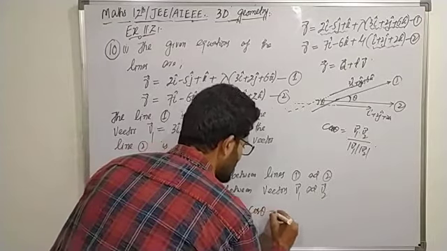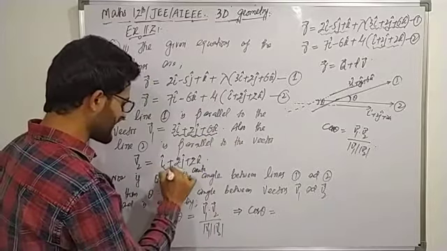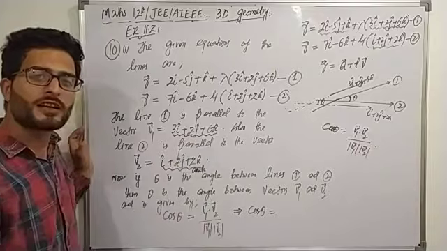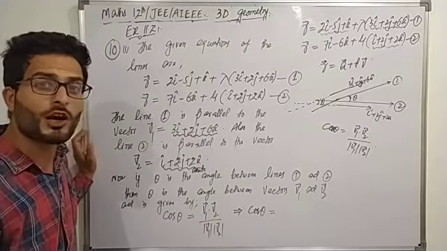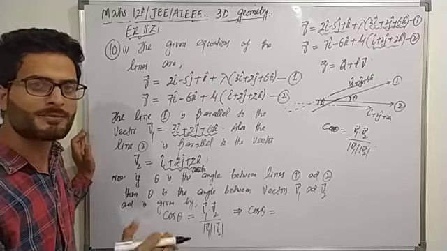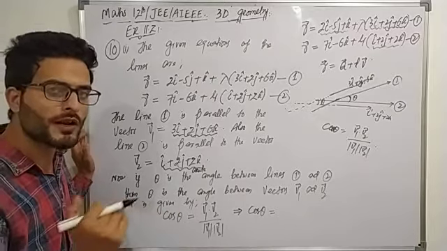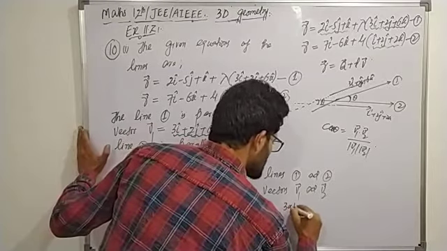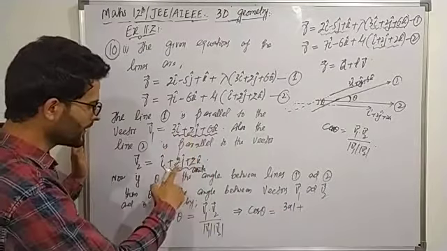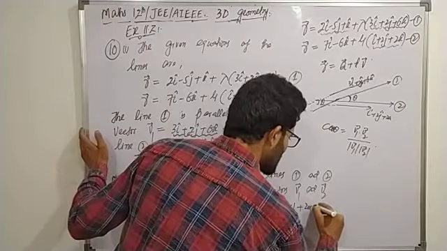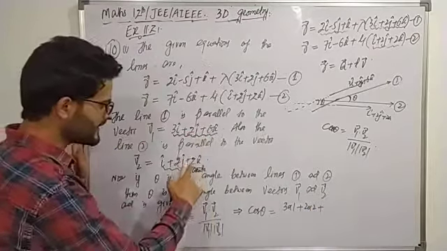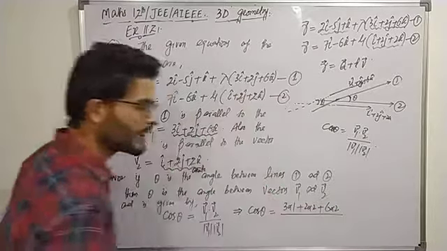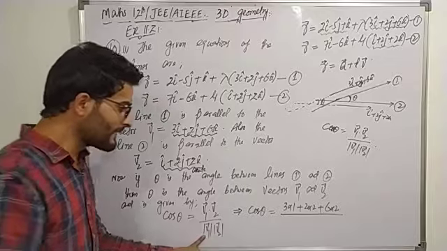v1 is a vector expressed in terms of components, v2 is a vector again expressed in terms of components. When two vectors are expressed in terms of their components, what is their dot product? Sum of products of their corresponding rectangular components. So 3 into 1 plus 2 into 2 plus 6 into 2, divided by magnitude of vector v1.